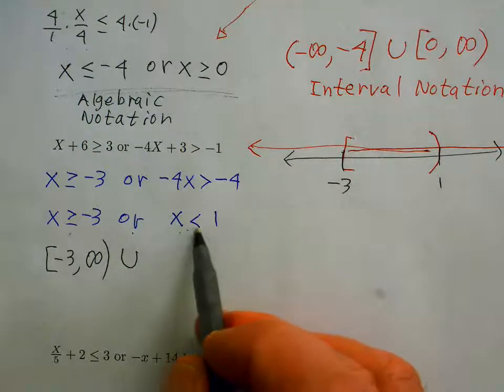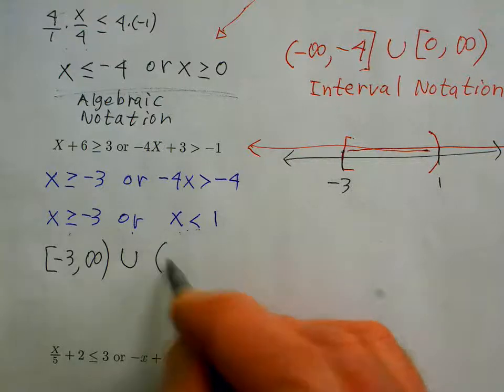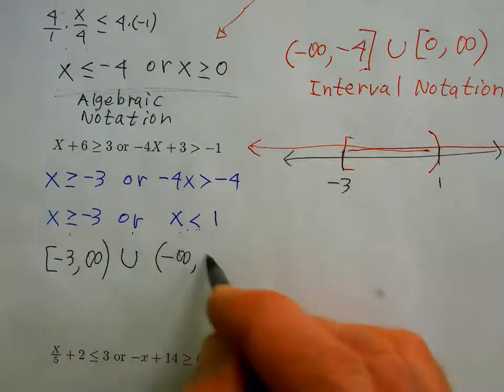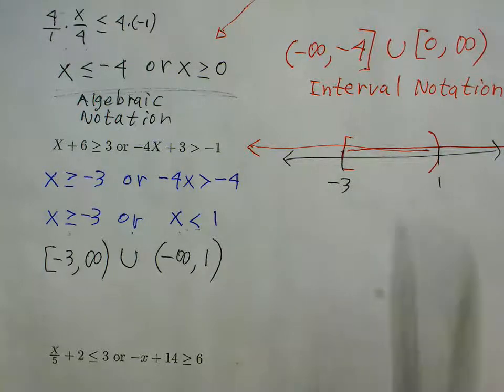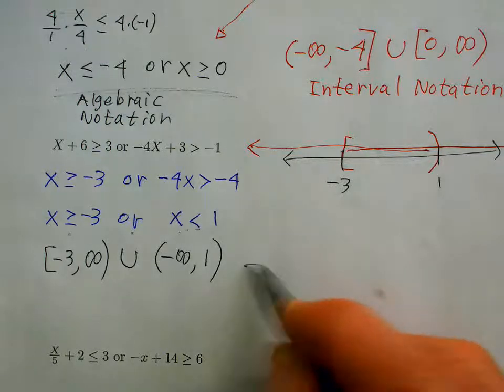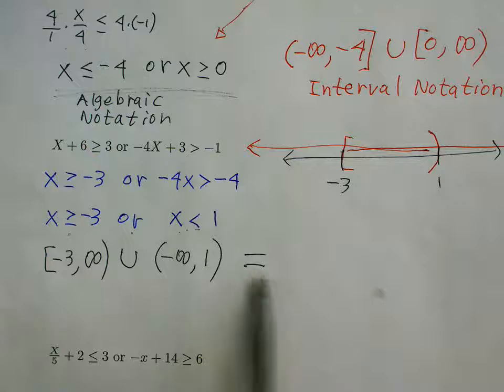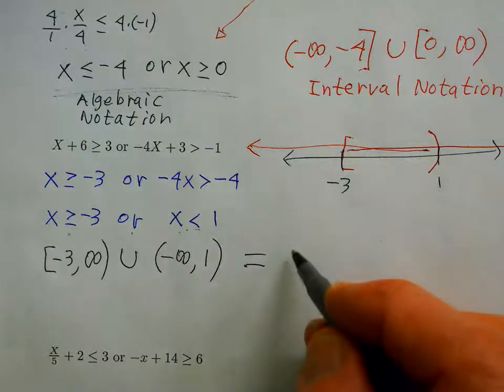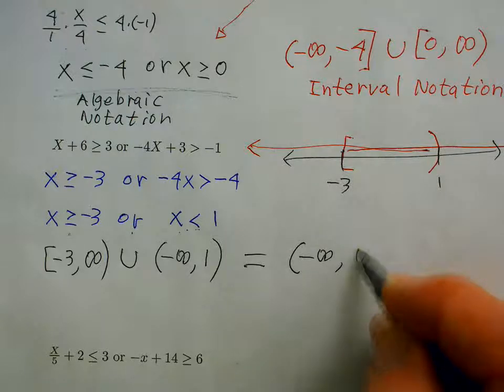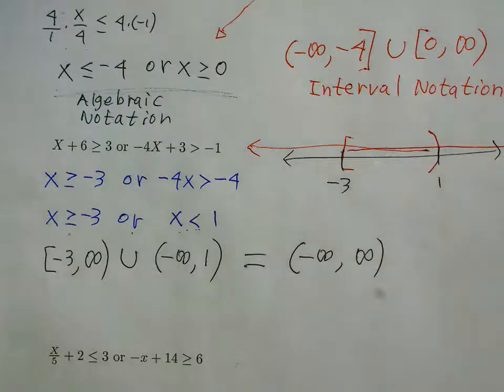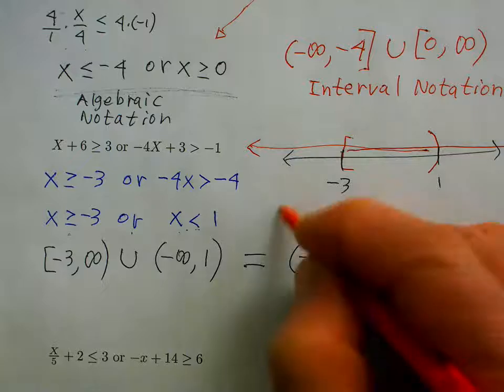And then x is less than 1: parenthesis, -infinity, comma, 1. But in our graph, we see that all real numbers are represented. So the interval notation that we want in this case is for all real numbers: parenthesis, -infinity, comma, infinity. So all real numbers are solutions.